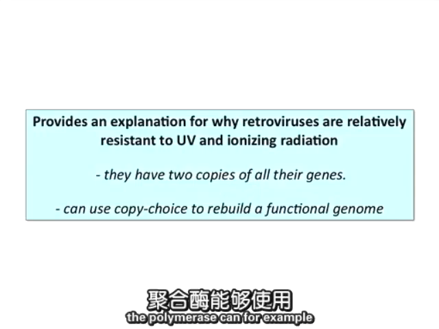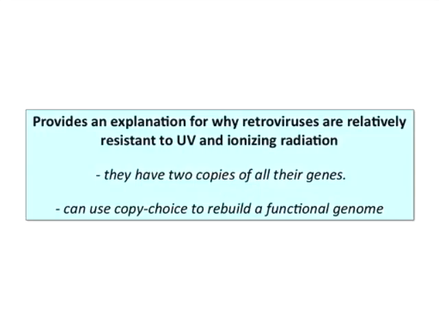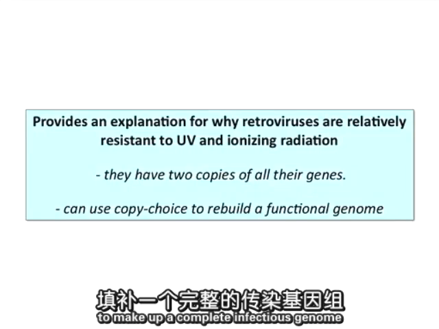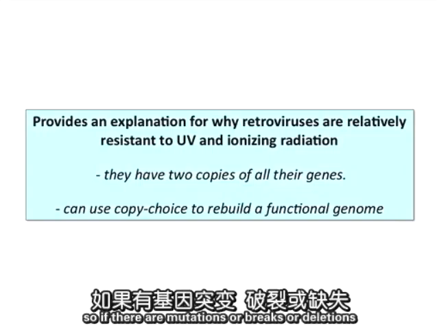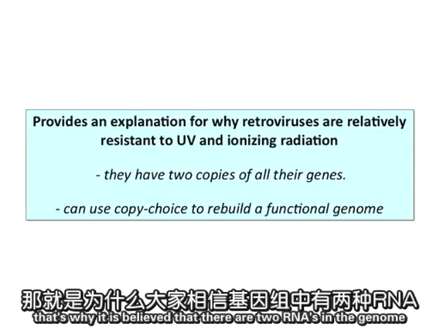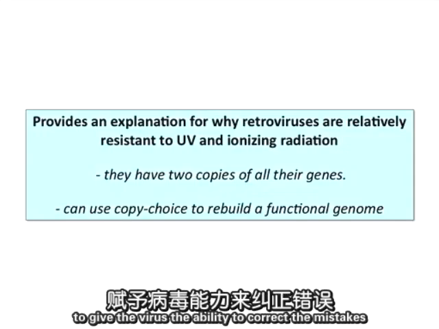The polymerase can, for example, use undamaged parts of either RNA to make up a complete infectious genome. So if there are mutations or breaks or deletions in one, the enzyme could use the other strand to correct it.